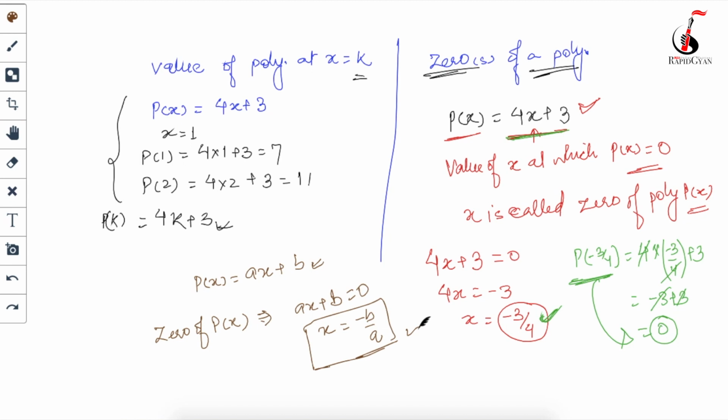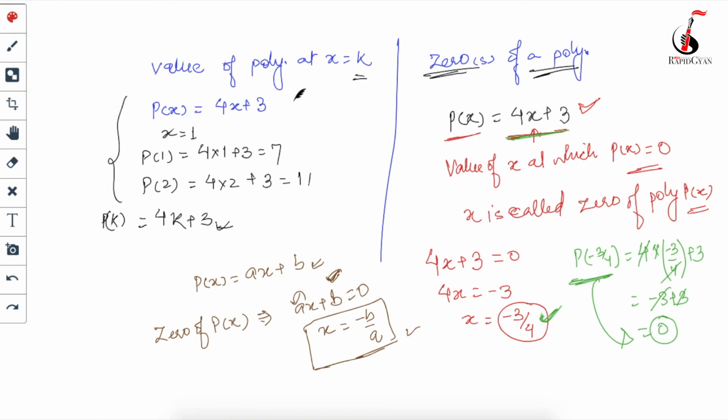So if you have to find the zero of a linear polynomial, your answer will be minus b upon a, means the negative of the constant term divided by the coefficient of x. How will I write?